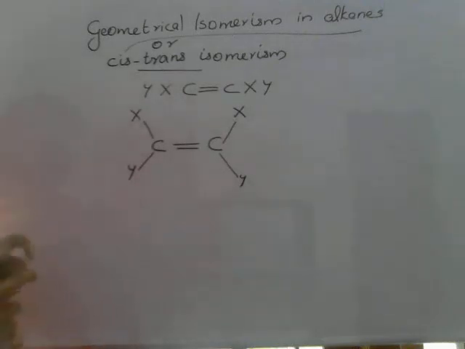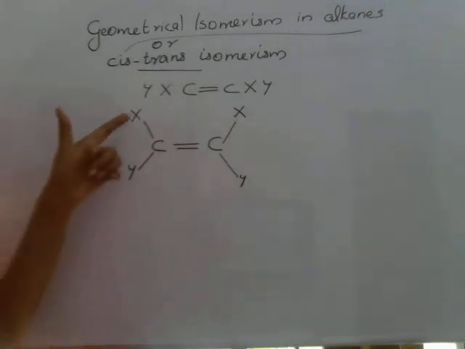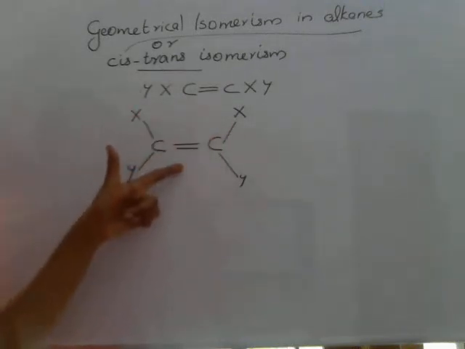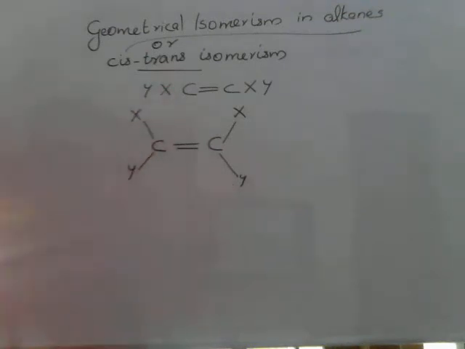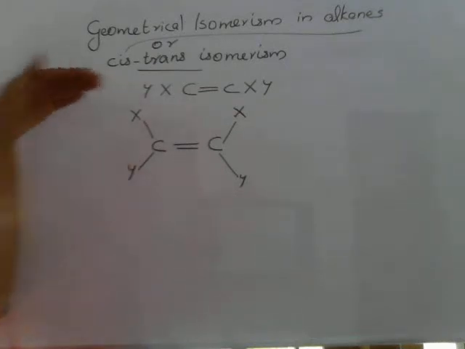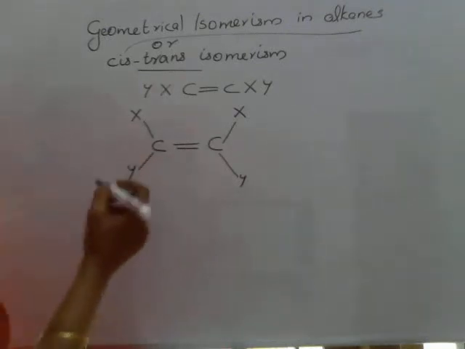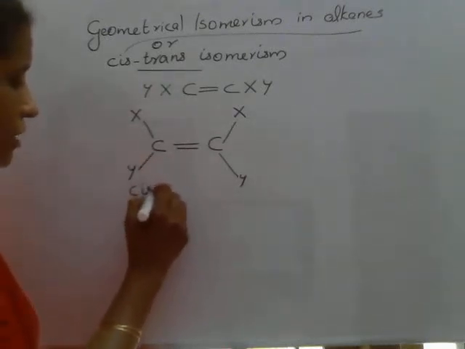Here you can see the identical groups: X atoms are on the same side of the double bond, above the double bond, and Y atoms are below the double bond. Means identical groups lie on the same side of the double bond. This is one type of arrangement. This isomer is called the cis isomer.